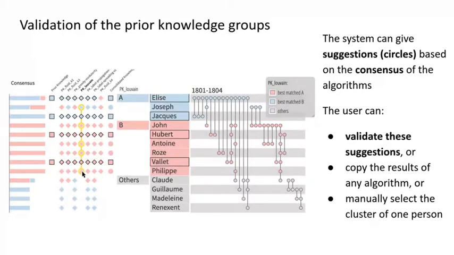So if all the algorithms agree on the results for several people, for example, the system will give suggestions to validate the results on the consensual group for these people. Or the system can give suggestions based on one specific algorithm that the user chose if she thinks the results are interesting considering the graph that she can see on the right.